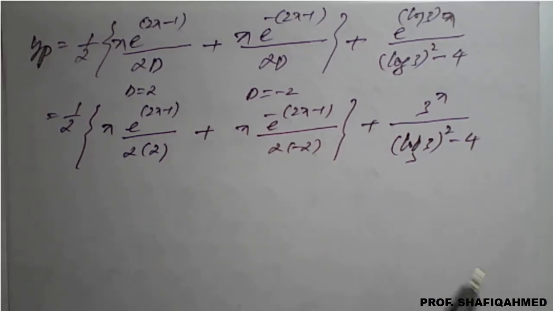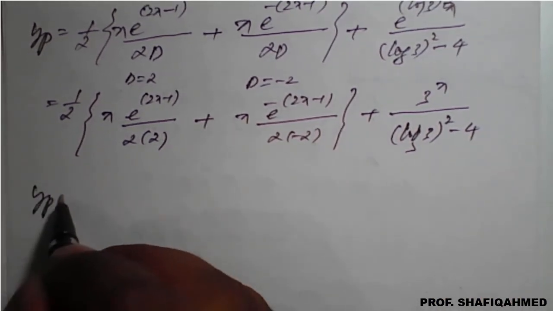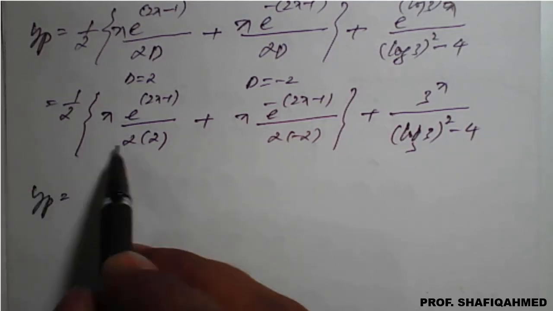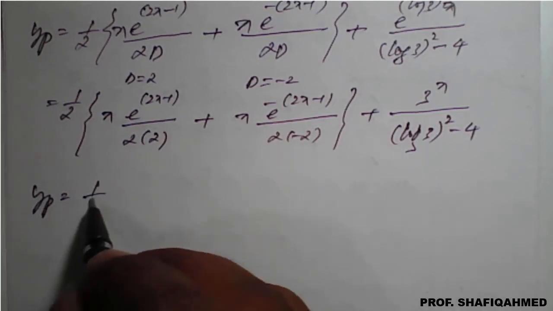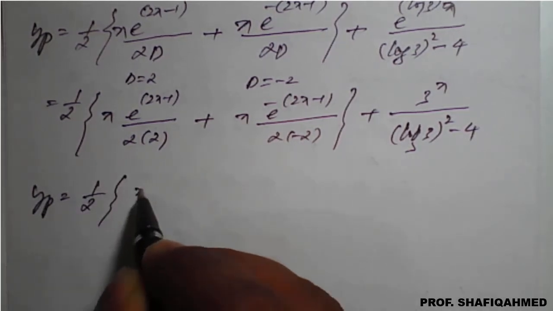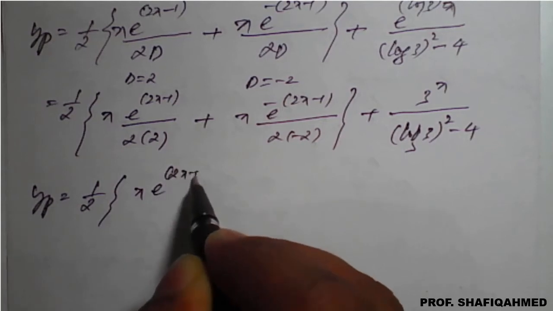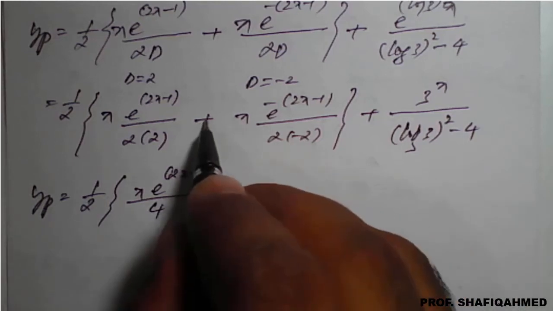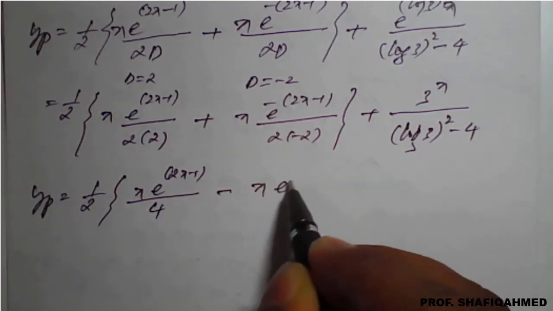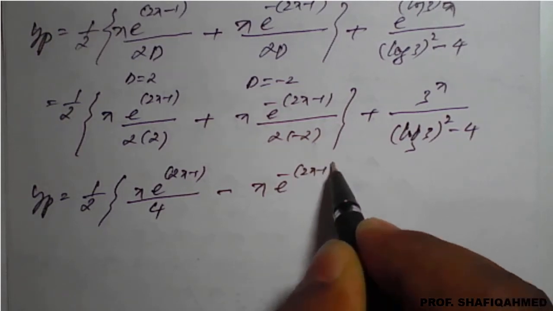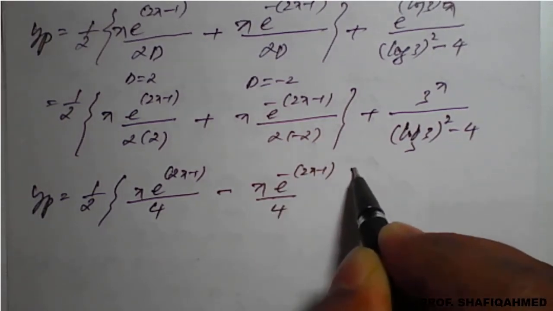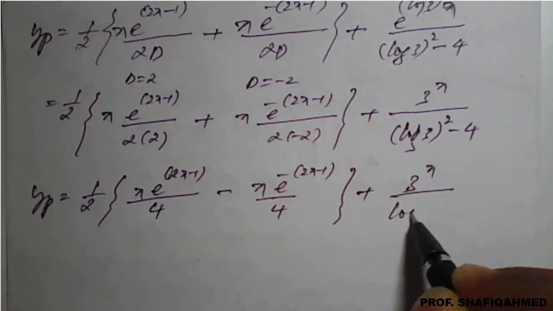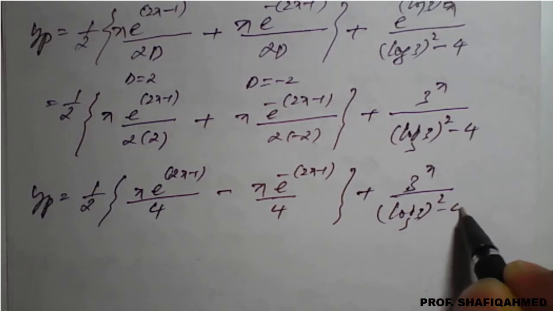So we got the simplification, which is nothing but yp is equal to, if you multiply this 1 by 2, we'll see here 1 by 2 times x e raised to 2x minus 1 divided by 4. So 2 into minus 2 is minus 4, and minus into this plus will become minus x into e raised to minus 2x minus 1 divided by 4, plus 3 raised to x divided by log of 3 whole square minus 4.